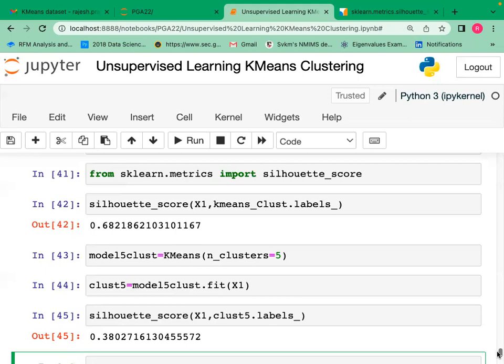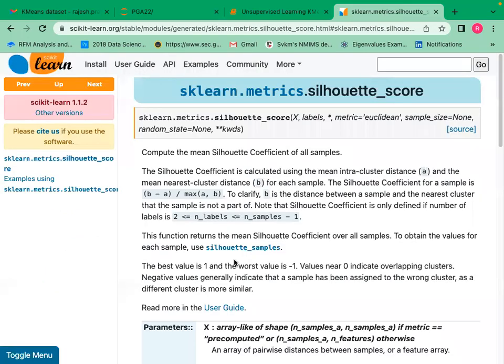K equal to 5. What is the interpretation? So closer to 1 is the best, right? Closer to 0 is bad. So 0.68 is closer to 1, 0.38 is closer to 0.